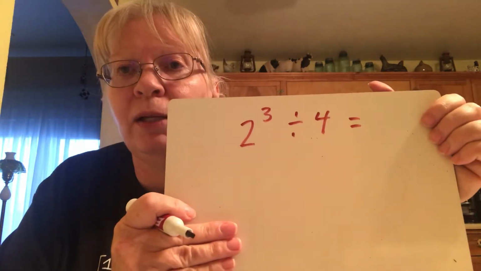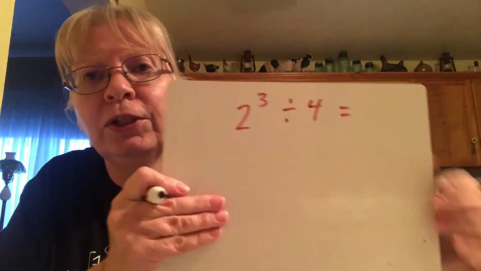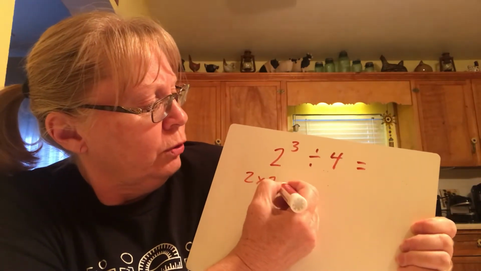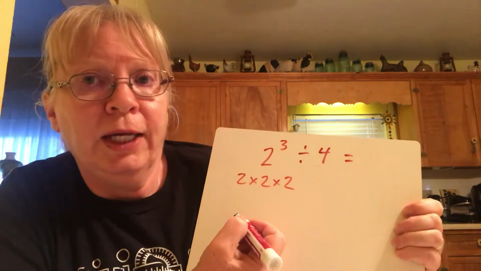Now let me look at, here, there's another one on this page that I'm going to do with you. All right, we have 2 to the third divided by 4. So 2 to the third is the same as 2 times 2 times 2, right?